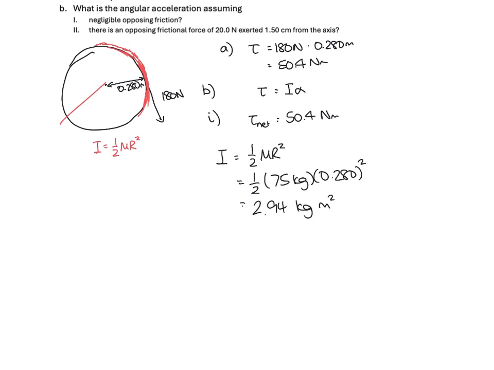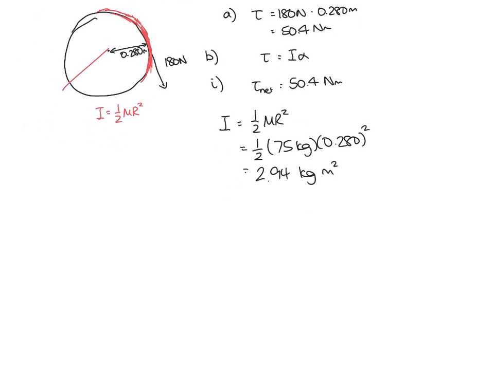So if I have that, the net torque is I alpha. So 50.4 is 2.94 times the angular acceleration. So the angular acceleration is 50.4 divided by 2.94, which is 17.1 radians per second squared.